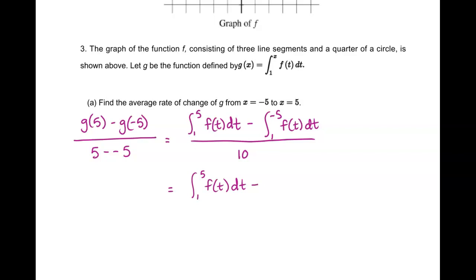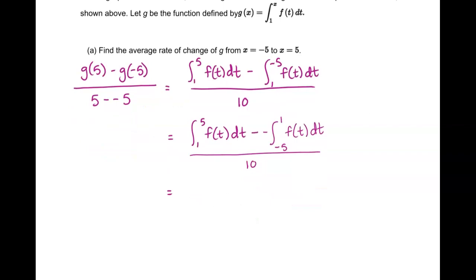minus, well, instead of 1 to -5, you can't really calculate that very easily, or rather you can't find the value with the graph very easily. I'm going to make it minus negative the integral from -5 to 1 of f of t dt all over 10.